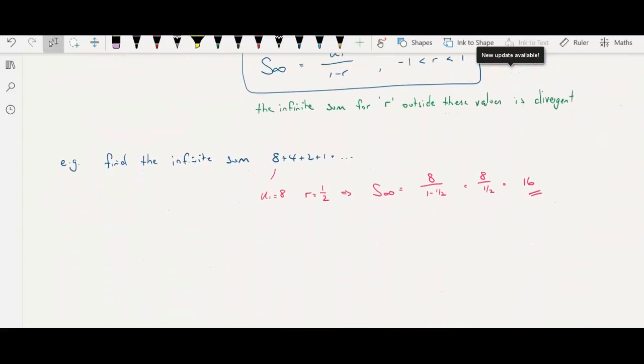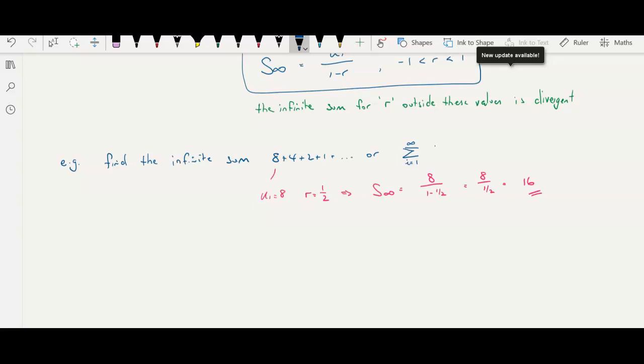Right, so how do I write this infinite sum in sigma notation? Let's have a think about that. It would be from i equals 1 to infinity, because it's an infinite sum. Now we need to represent this sum in terms of an expression.